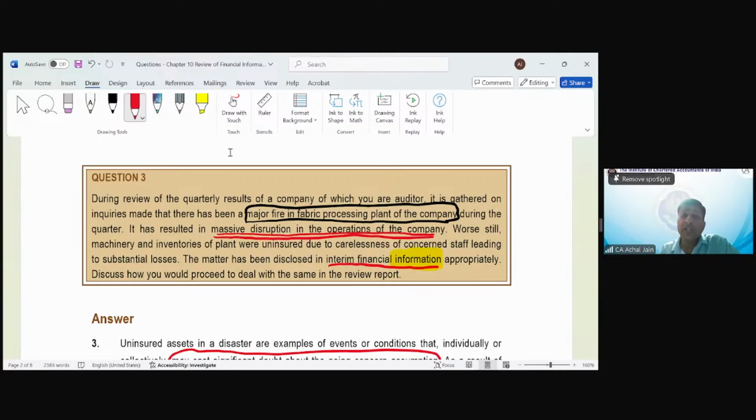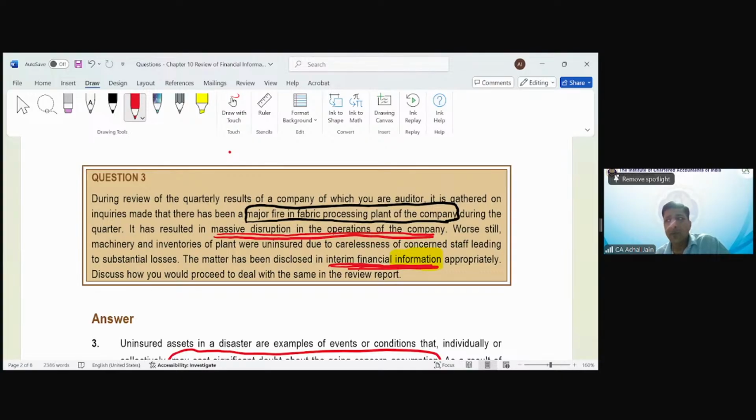Now comes the question: if the material uncertainty is involved, is it appropriately communicated to the stakeholders? How will the company do that? By disclosing it. Is that disclosure appropriately given? The answer is yes.